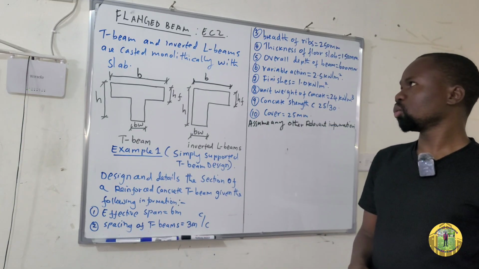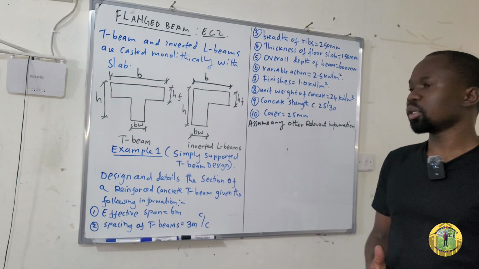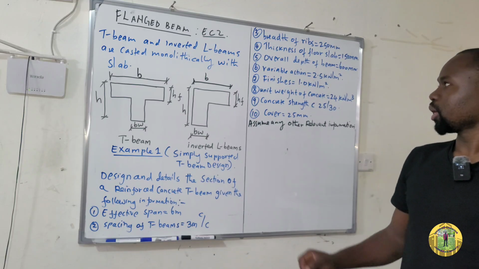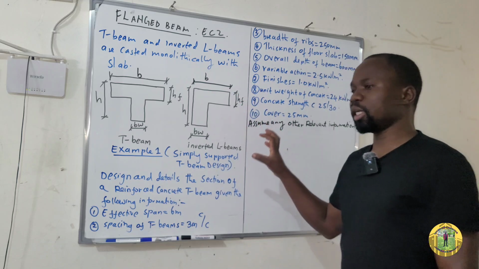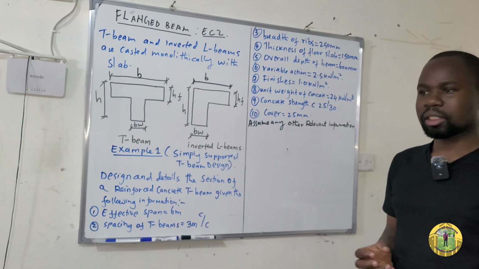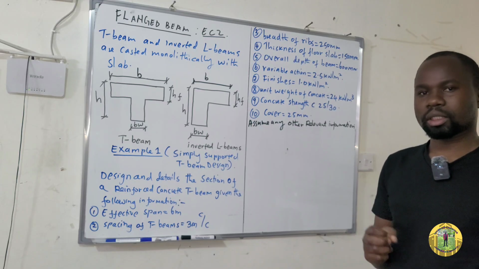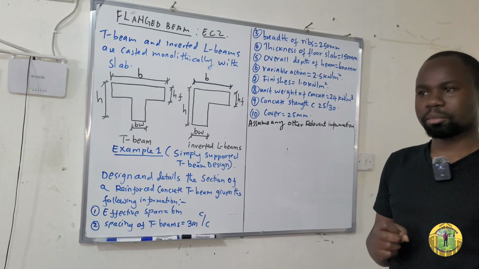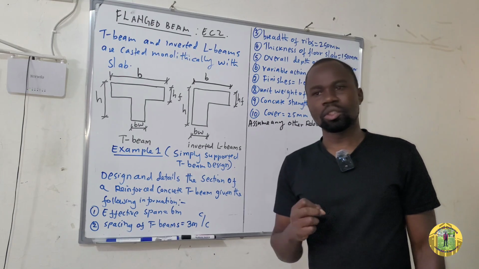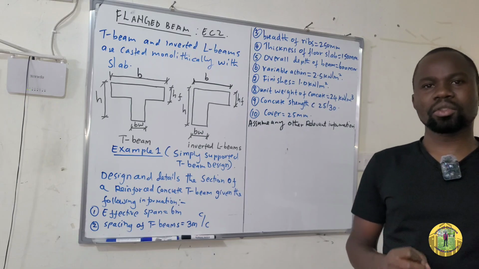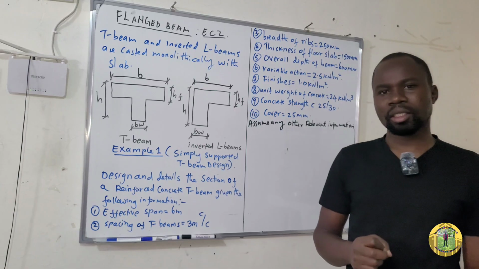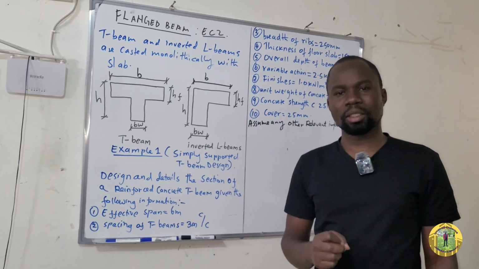I was asked to tackle examples regarding continuous beams, and I want to assure you that after we have done with this flanged beam, remember this is a simply supported beam, we will start what we call continuous beams. A continuous beam is a beam which is resting on more than two supports, and it has two spans and above. We will do that as you requested in the comment section.